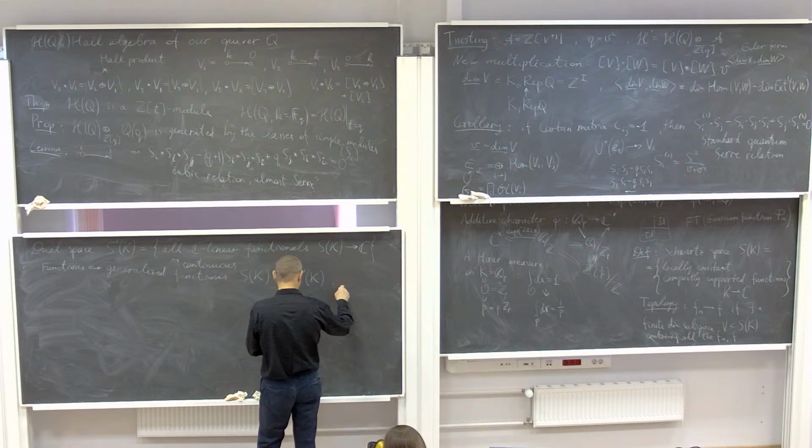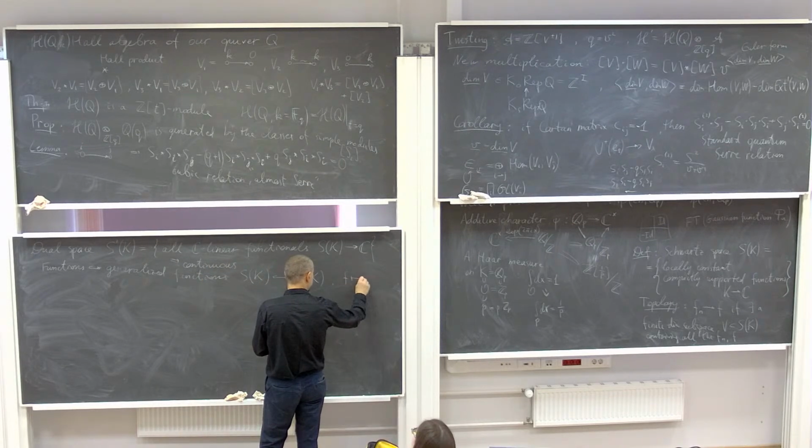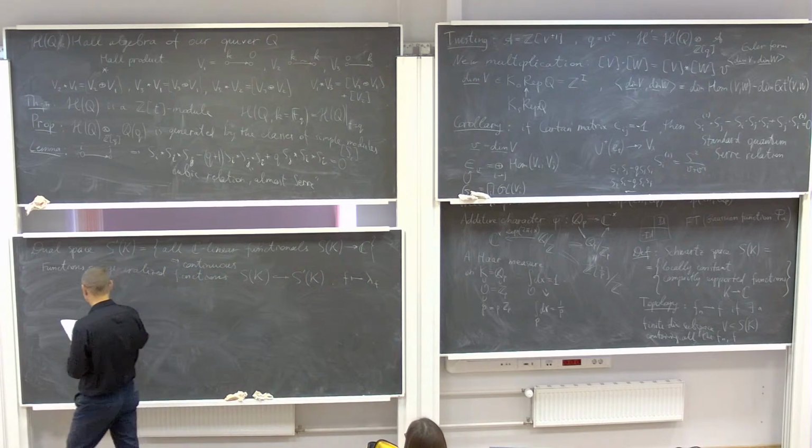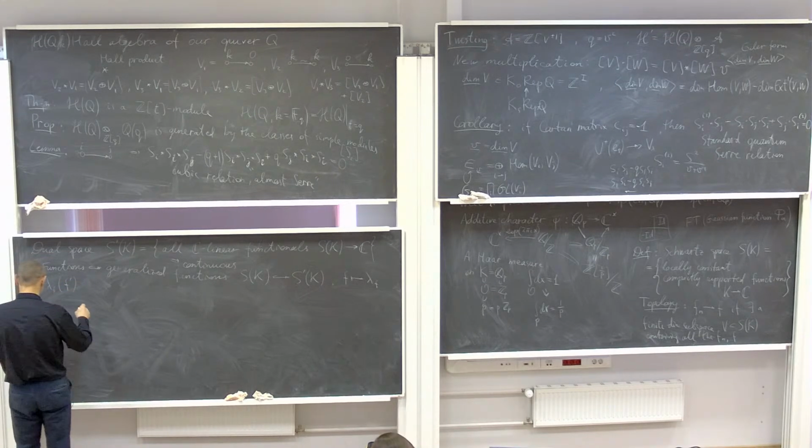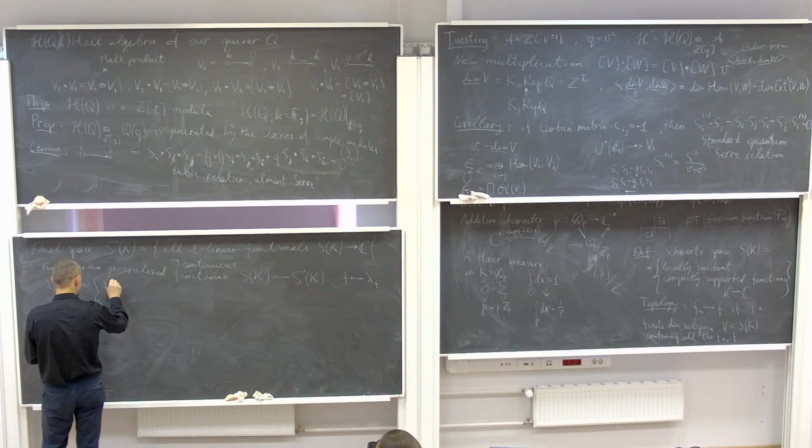A function f goes to the distribution lambda f, and lambda f evaluated at another function f prime is by definition the integral over k of their product, f of x times f prime of x, dx.